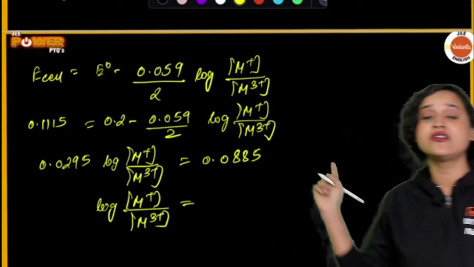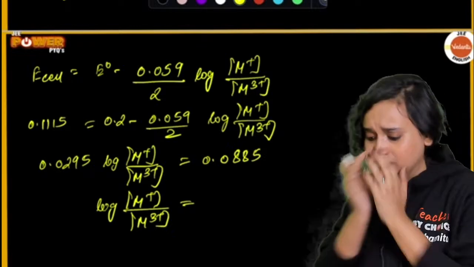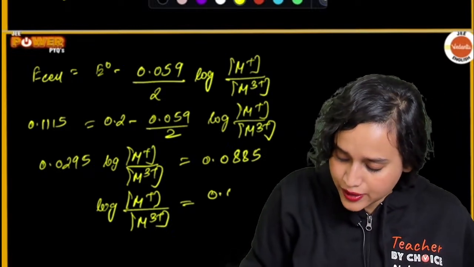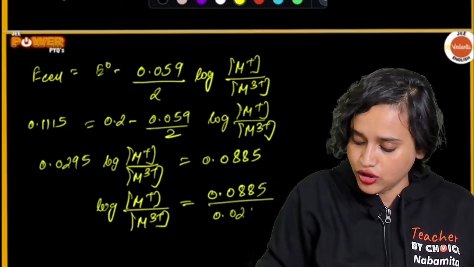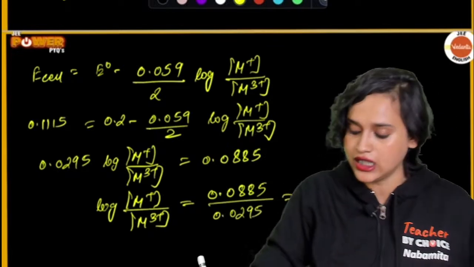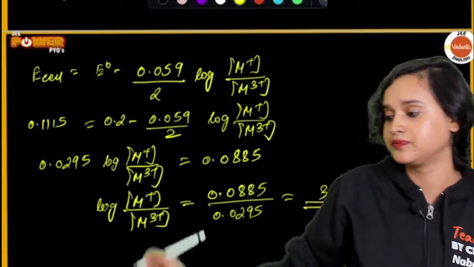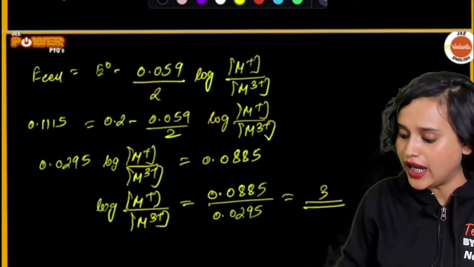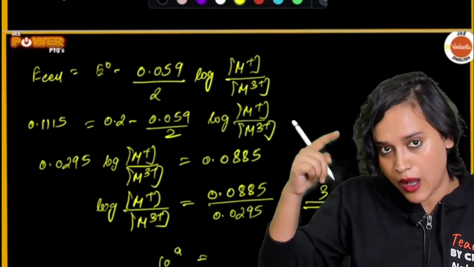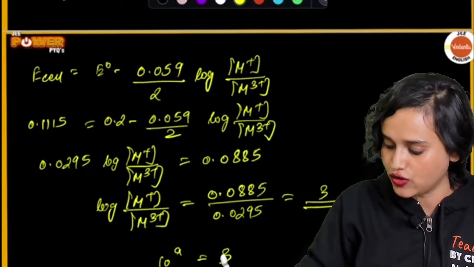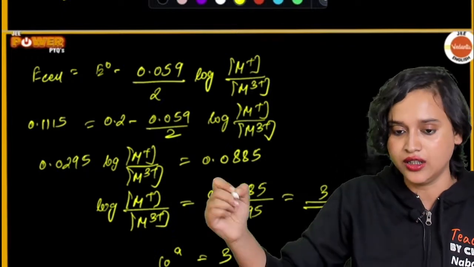Now log of M plus divided by M3 plus is equal to 0.0885 divided by 0.0295. If we solve this, we get 3, isn't it? And we know what is given to us, 10 to the power a is equal to 3. So the a value will be equal to 3 here. Why?